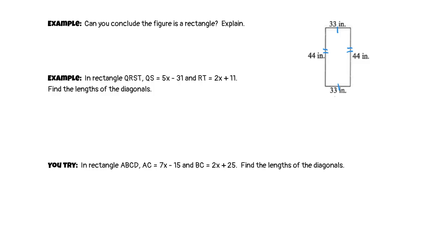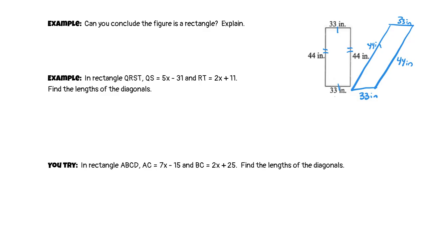I know it's drawn like a rectangle, but isn't this also the same information, just drawn slightly different? Is that a rectangle? So without knowing the angles, you cannot just assume that it's going to be 90 degrees.